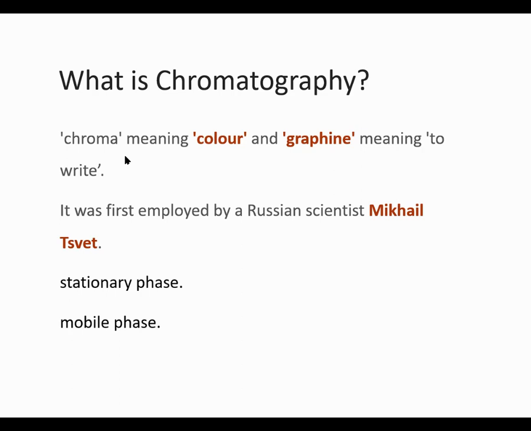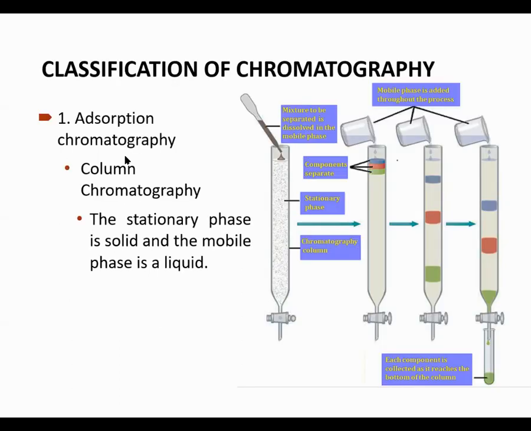Now we have two types of chromatography available. The first one is adsorption chromatography, and under it we have column chromatography. This one is the stationary phase inside a chromatography column.